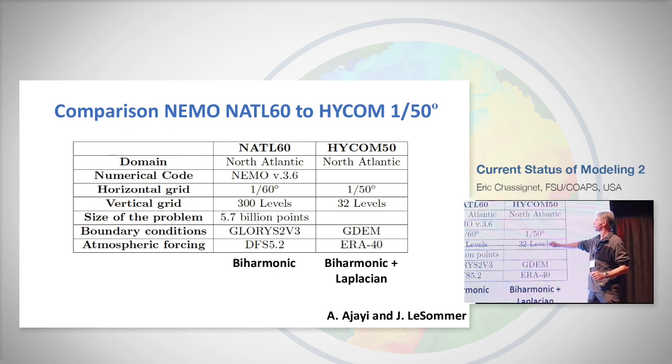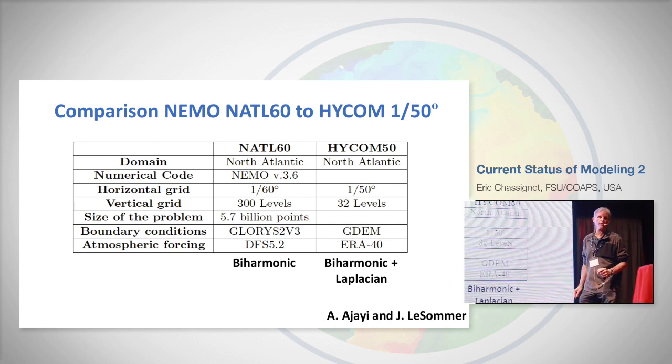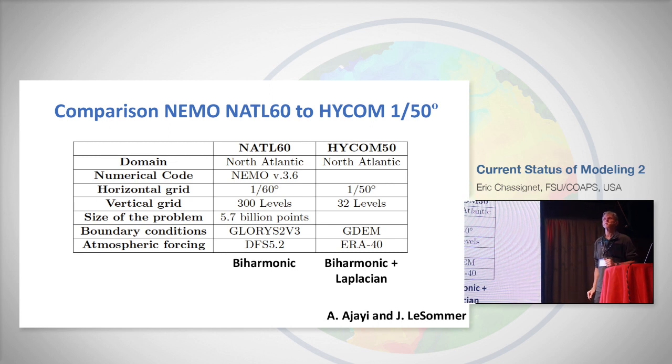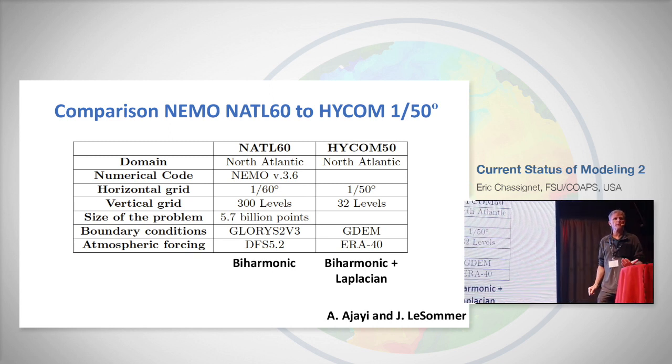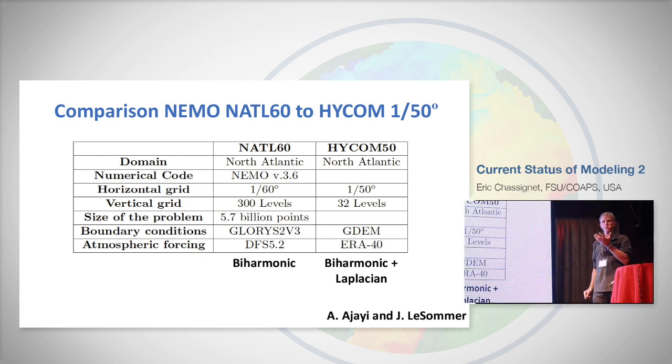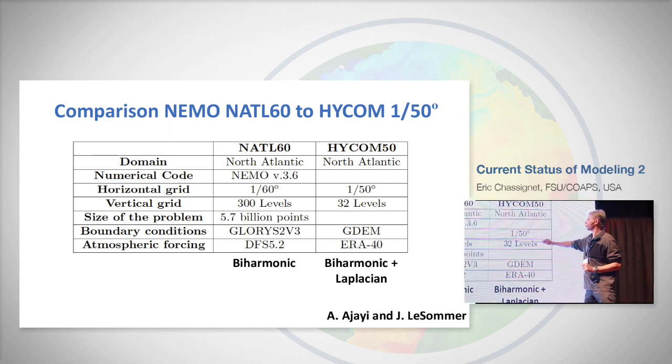One is the vertical discretization: 300 levels in the vertical, which is really very fine, and 32 for HYCOM. This is isopycnic coordinate layers in the interior, so the water masses are well represented, and there are a lot of layers in the mixed layer, so we surmise that mixed layer physics is reasonably well represented in both models, but that's an open question.